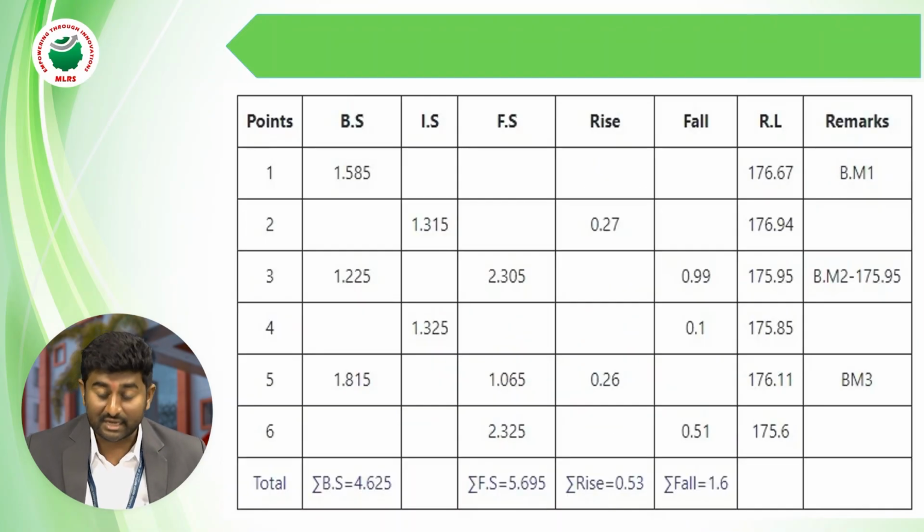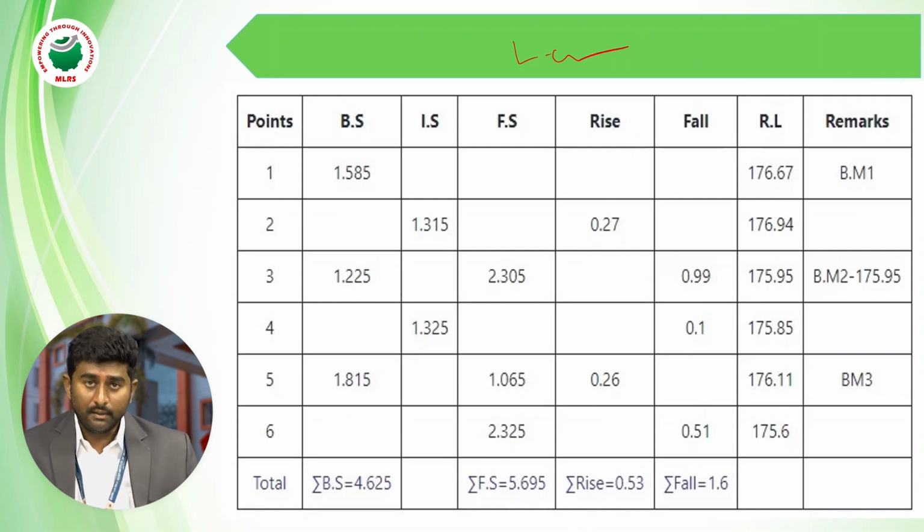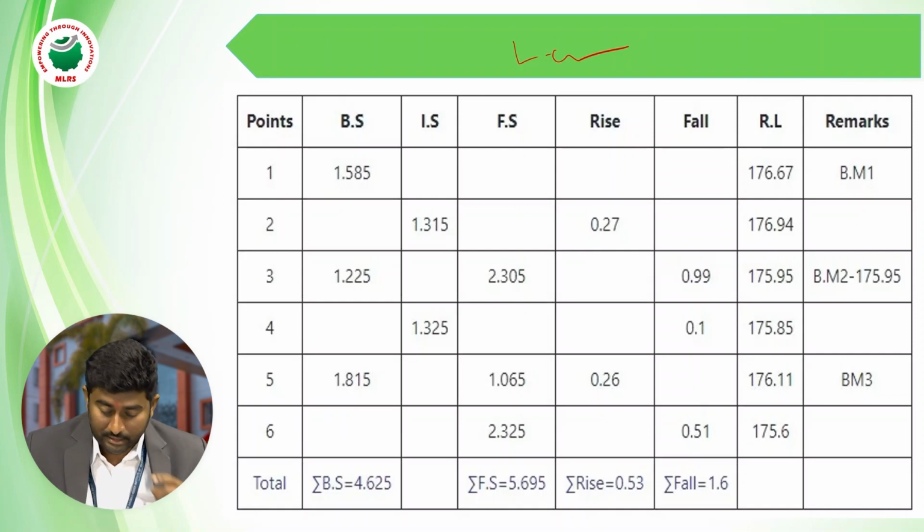Next, coming to the rise and fall method in leveling. In this method, the first procedure is the same as the height of the instrument method. In this method, you have to determine the rise values and fall values. First, we have to know about the benchmark and backsight reading.